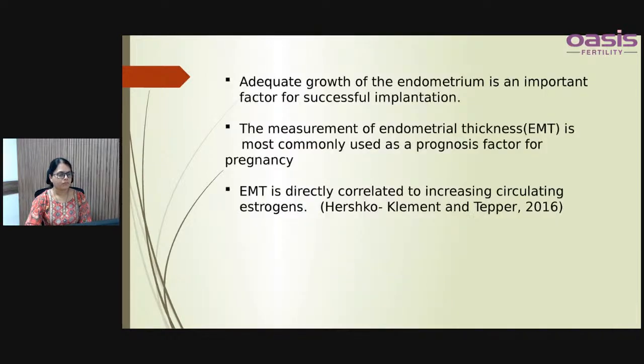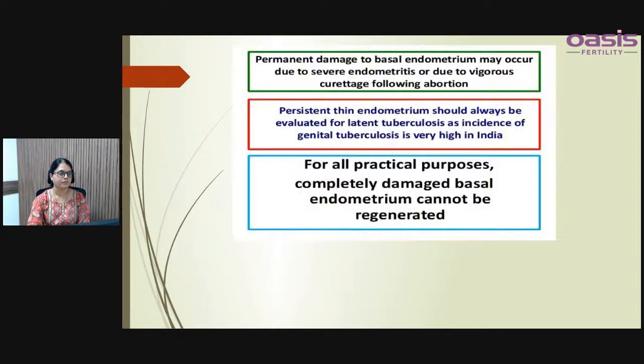Adequate growth of the endometrium is an important factor for successful implantation and pregnancy outcome. The measurement of endometrial thickness is most commonly used as a prognostic factor for pregnancy when we are treating patients. And endometrial growth is directly correlated to increasing circulating hormone, that is estrogen.